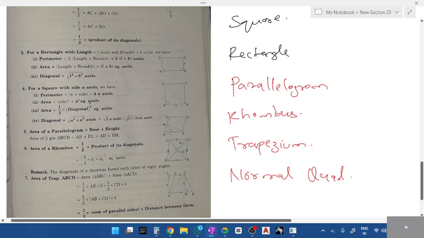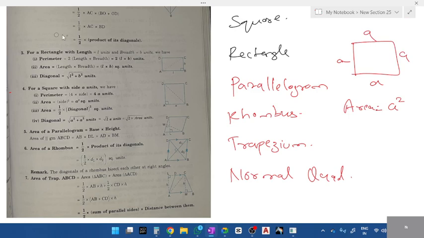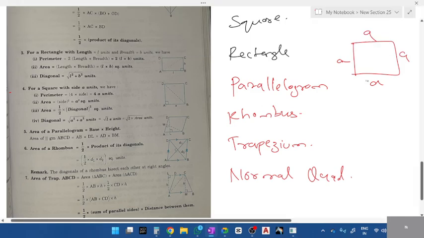What is area, students? What is the area value? The formula for the area of a square is side square, or A square. Okay, side square, A square. And one more thing. When you take a square, rectangle, any diagram, we have 4 sides.